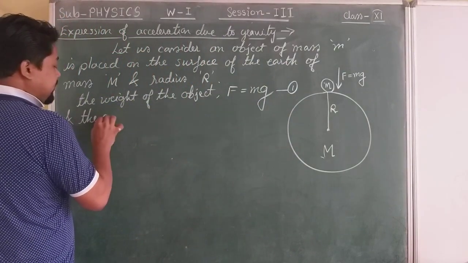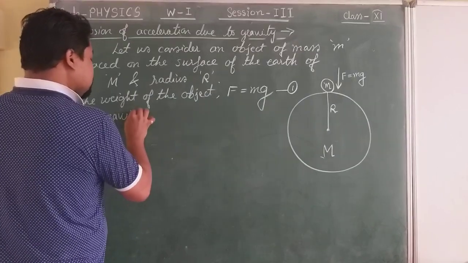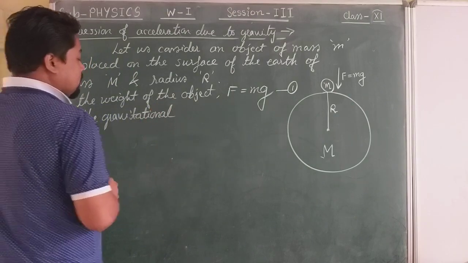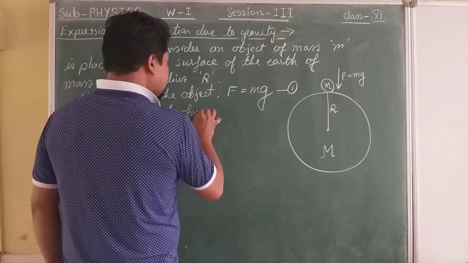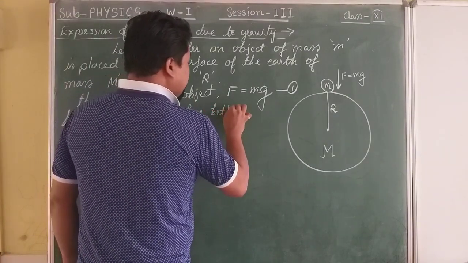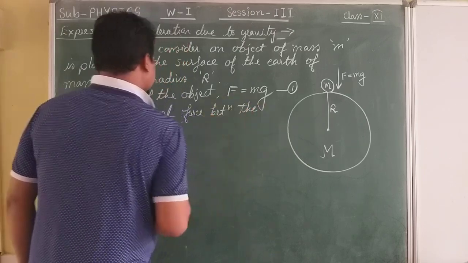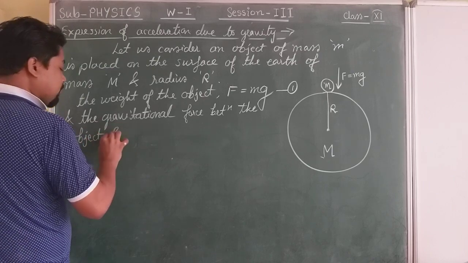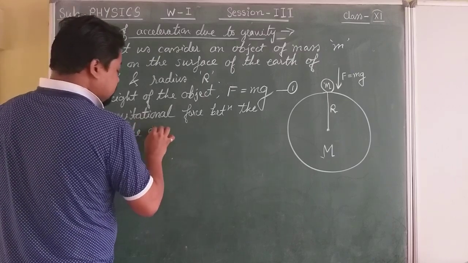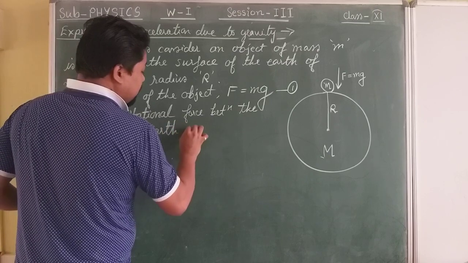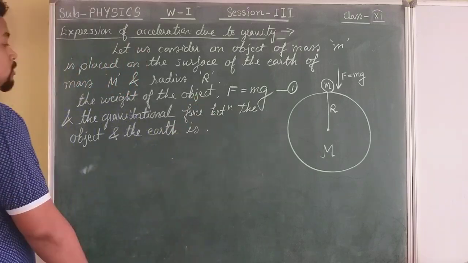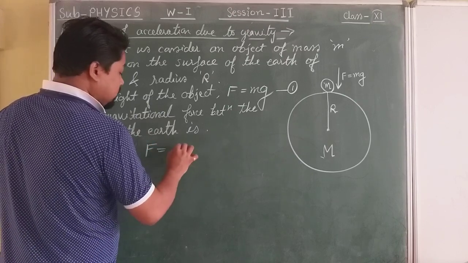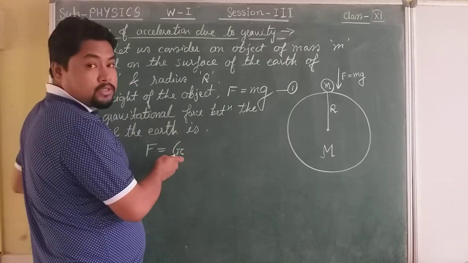And the gravitational force between the object and the earth is F is equal to G. G is what?